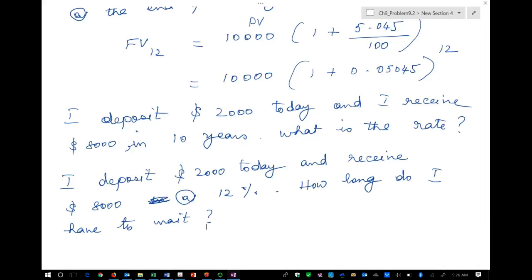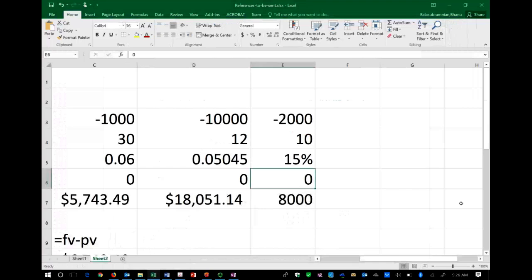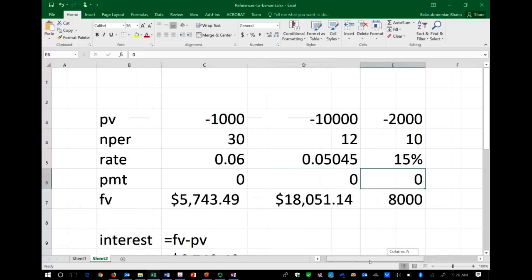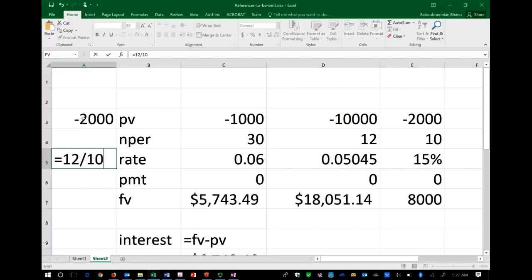So now I will let you do it for some time. My present value is 2000, the rate is 12 divided by 100, payment is 0, future value is 8000.